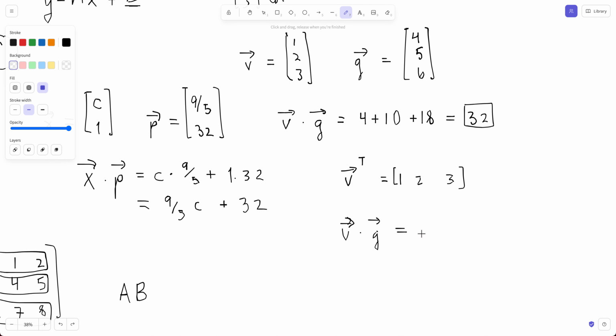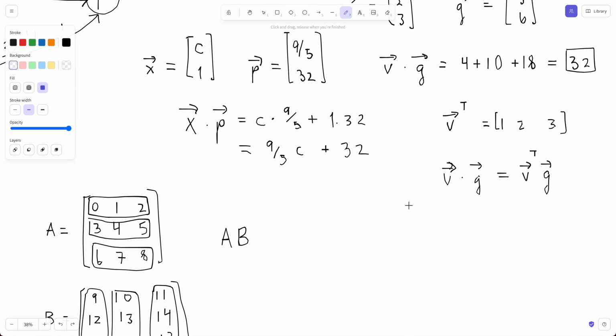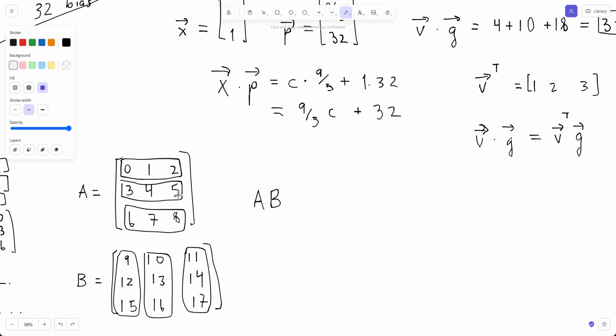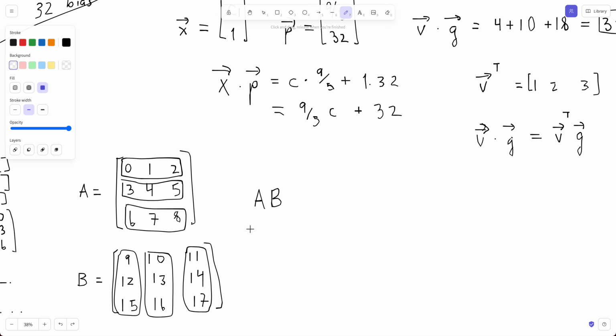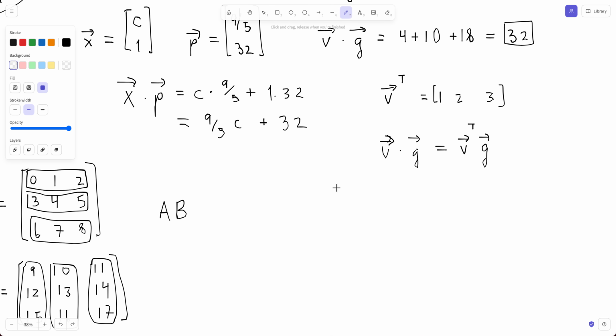We can rewrite this as V transpose G. So you might be wondering, why do we have to do this? Well, very similarly to the matrix multiplication case, the left is always in row major representation and the right is column major representation. In dot products, we need the same thing.